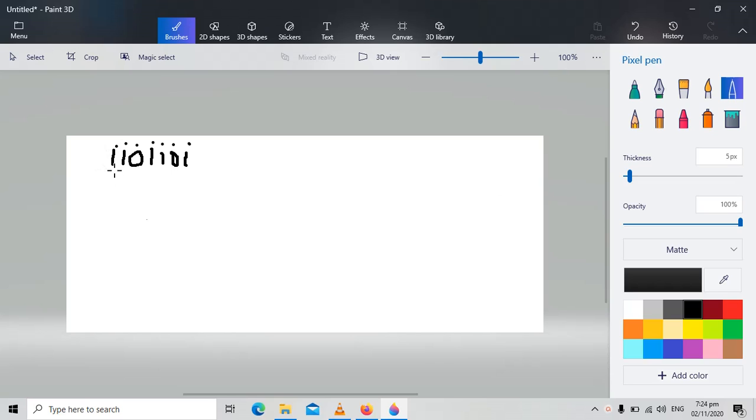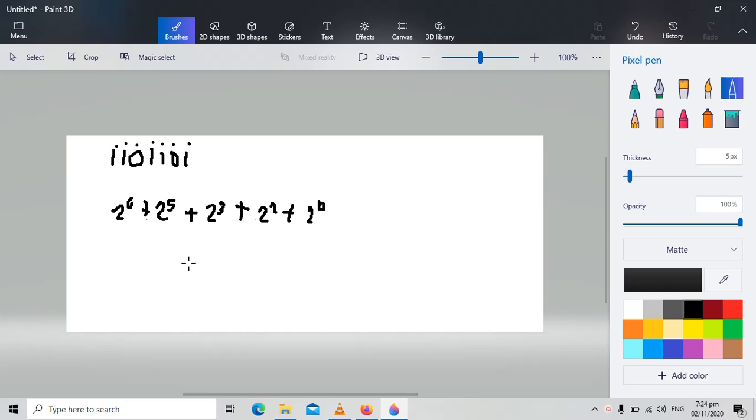So we'll start here. 2 to the power of 6 plus 2 to the power of 5 plus 2 to the power of 3 plus 2 to the power of 2 plus 2 to the power of 0.